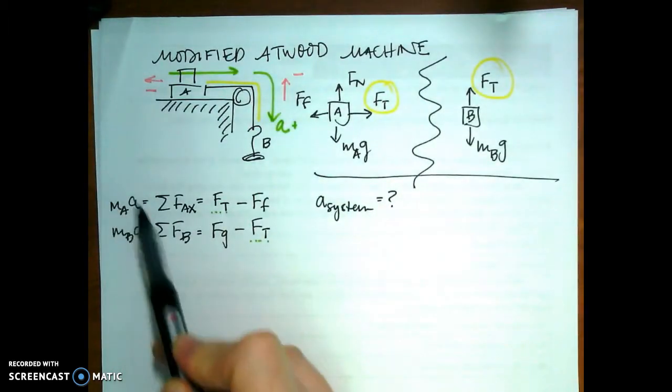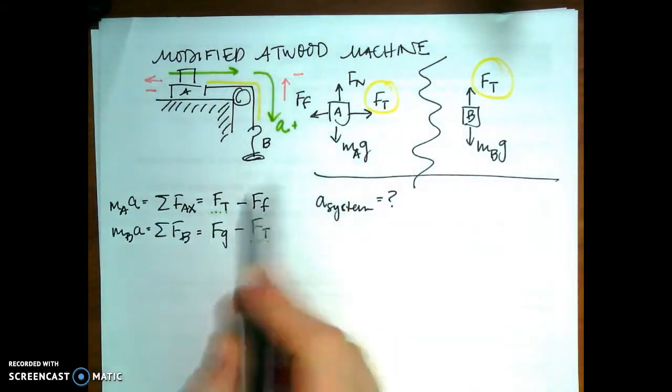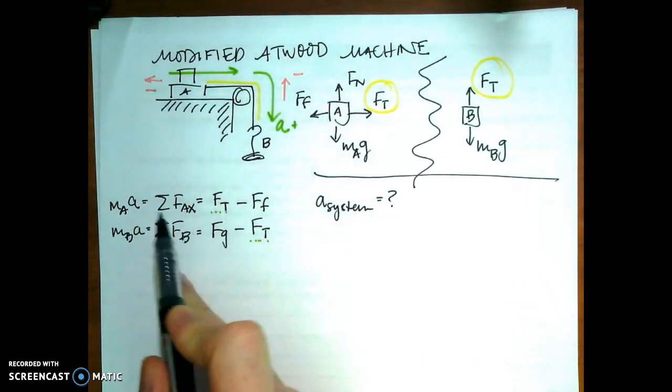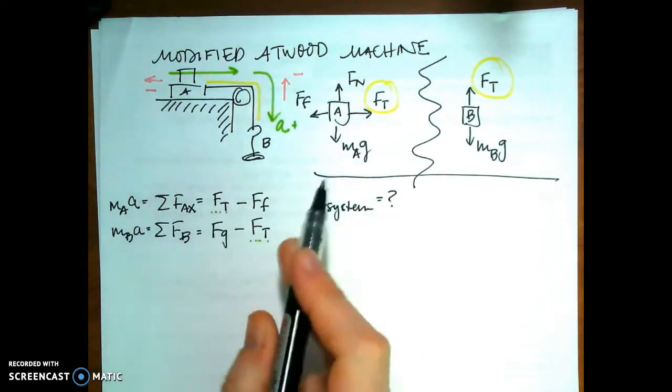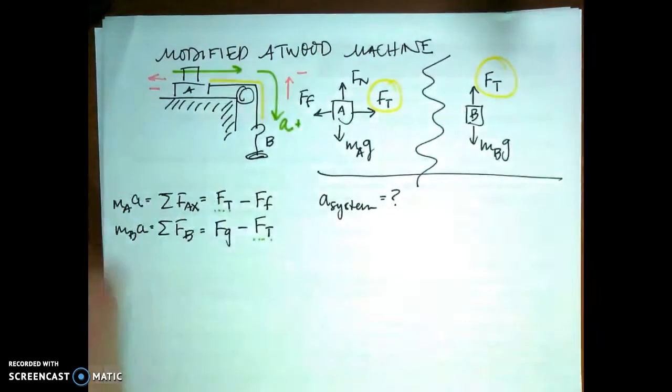Since I have mass and acceleration, I'm going to substitute in my other representations for everything except force of tension here. And then I'm going to solve for force of tension for both of these. Actually, I'll do that in the reverse order. So, all right, let me start first.